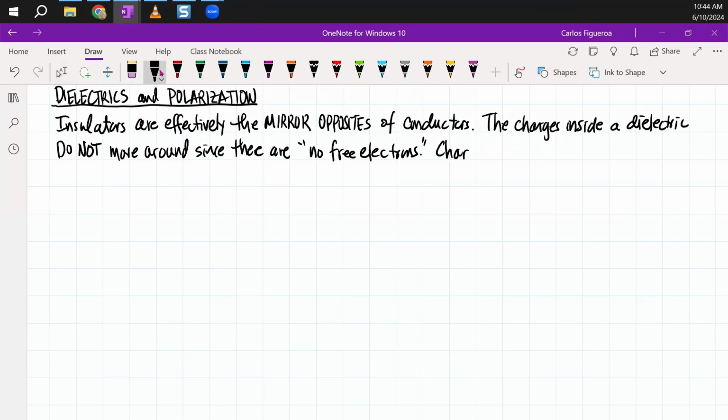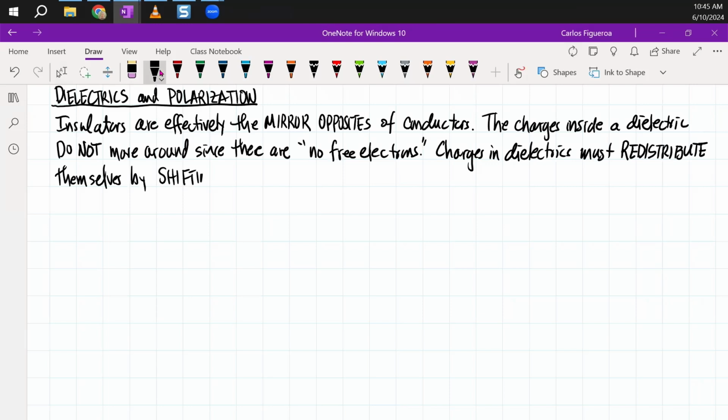Charges in dielectrics must redistribute themselves by shifting their center of charges.